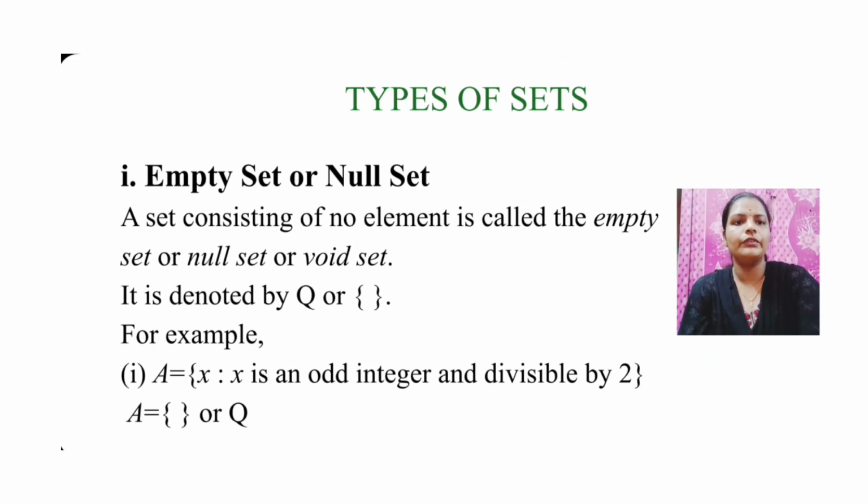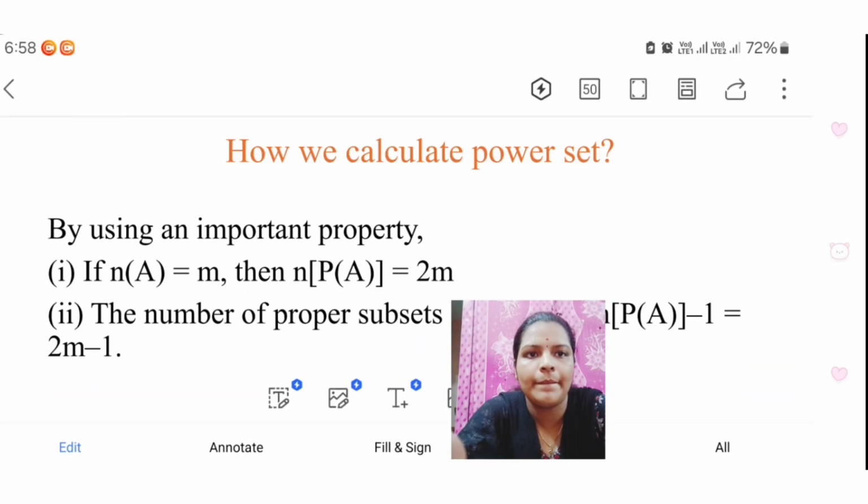Next, we'll move to types of sets. First, the empty set or null set. A set consisting of no elements is called the empty set.